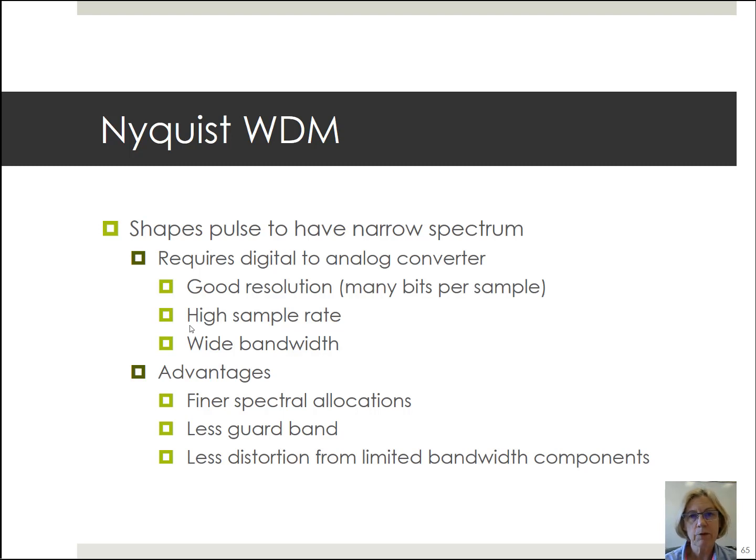We have to have a high sample rate because ultimately the bit rate that we can achieve is going to be determined by the sampling rate of the digital to analog converter. So it's how many bits per sample and how many samples per second I can get. On top of that, the DAC will have an RF bandwidth associated with it, and the performance is always better the wider the bandwidth that we can achieve for the digital to analog converter.